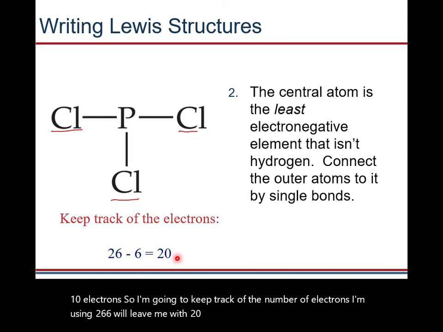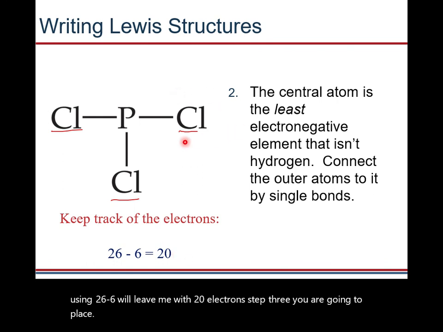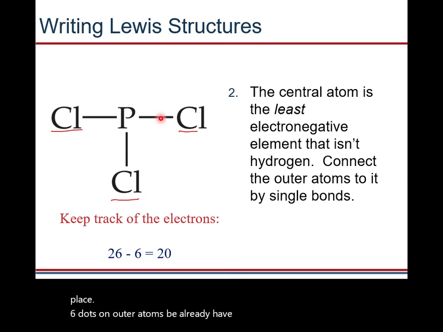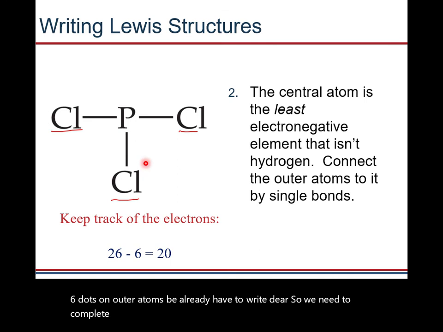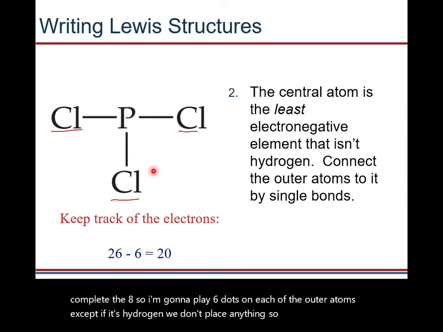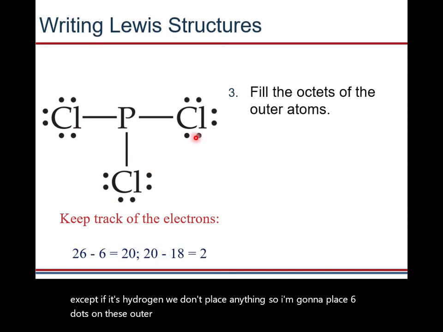Step 3, you are going to place 6 dots on the outer atoms. We already have 2 right there, so we need to complete the octet of 8. So I'm going to place 6 dots on each of the outer atoms, except if it's hydrogen, we don't place anything. So I end up with 2, 4, 6, 2, 4, 6, 2, 4, 6.